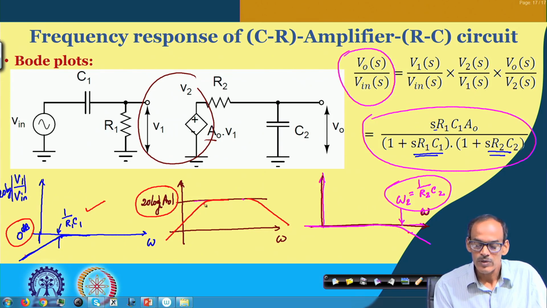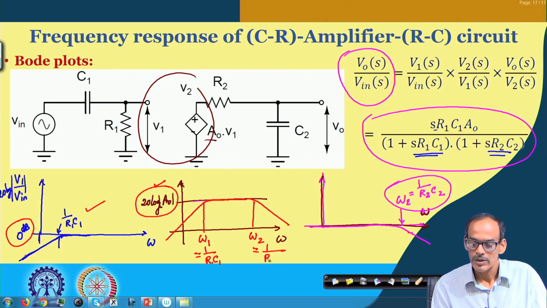So the overall frequency response, shown here by this red color, has cutoff frequencies omega 1 and omega 2. In the middle range, we have very good gain, and omega 1 comes from 1 by R 1 C 1, and omega 2 comes from 1 by R 2 C 2.